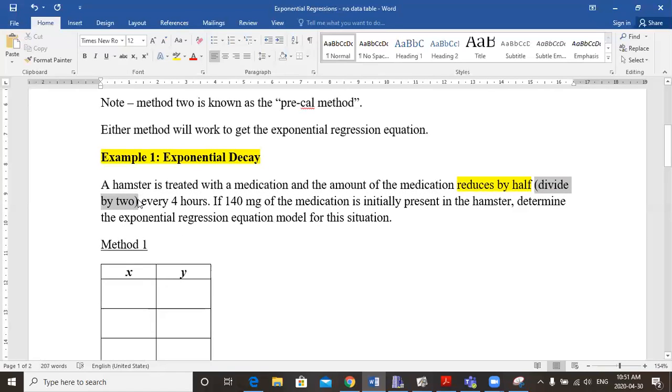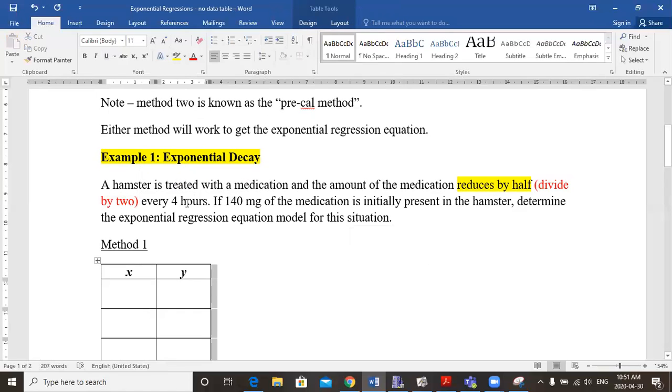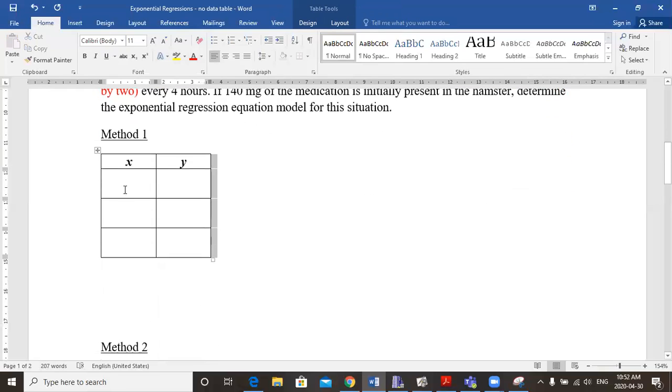If it was reduced by 1/4, you would divide by 4, and so on. The medication amount reduces every 4 hours by half. If 140 milligrams of medication is initially present in the hamster, determine the exponential regression model for this situation.